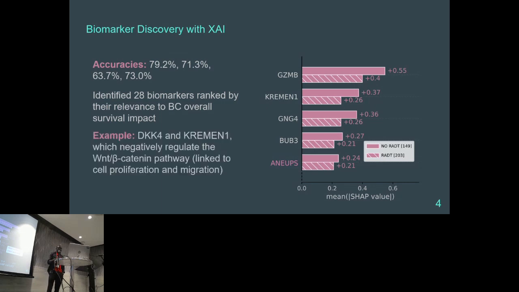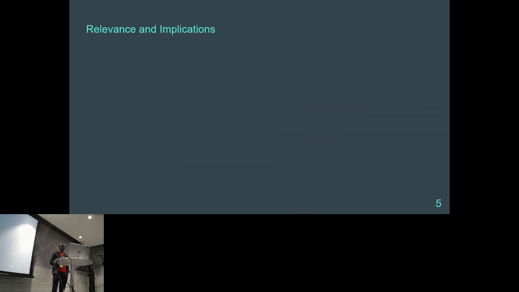And in some of this, we get DKK4 and Kremen1 as some of the genes in that list, which are known to impact the WNT pathway positively, or in a helpful way, which is associated with the proliferation in cancers.